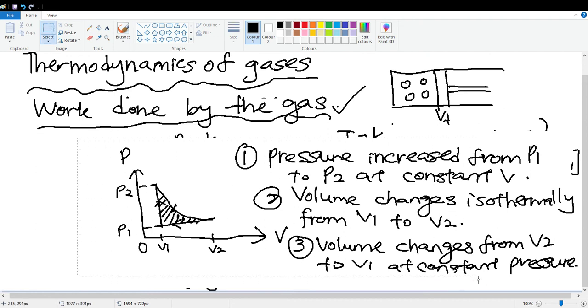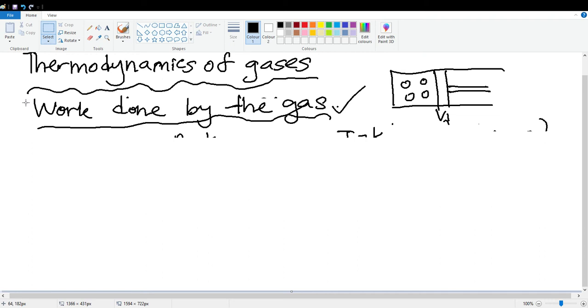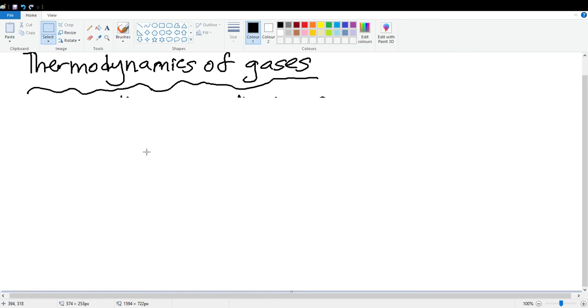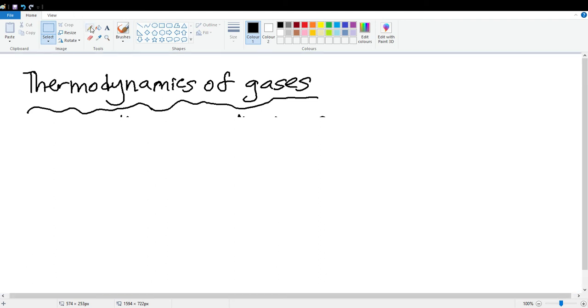So let's just move on to the next part. We have done the work done by the gas. Let's move on to the new part, which is the first law of thermodynamics.